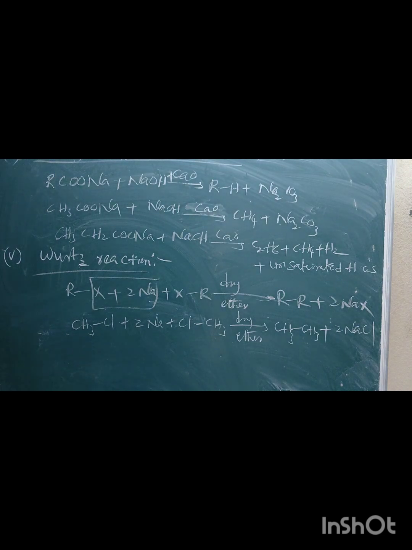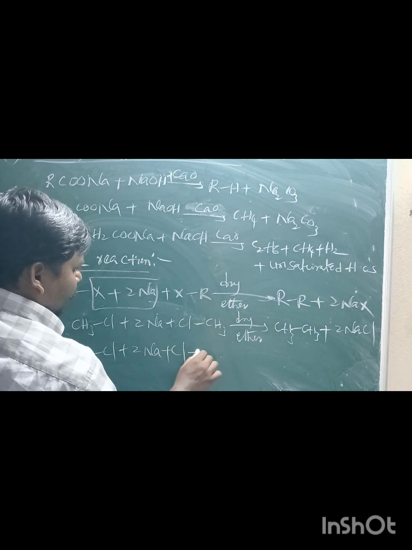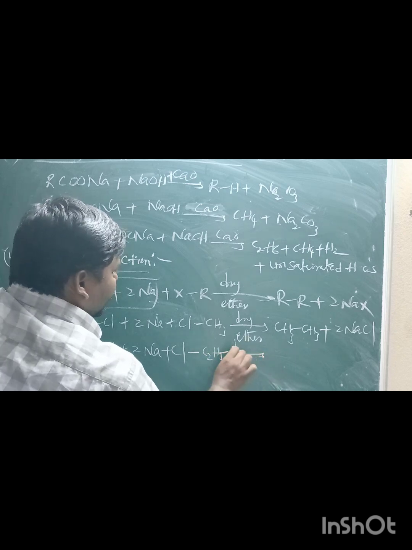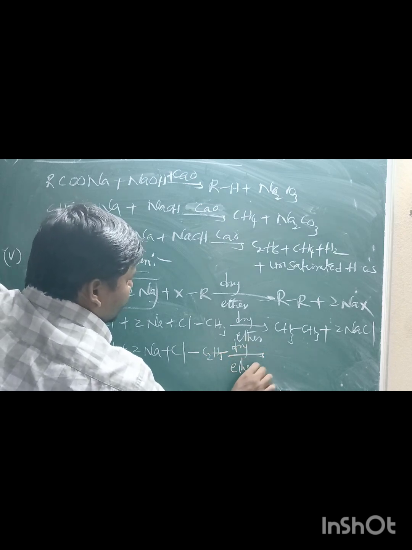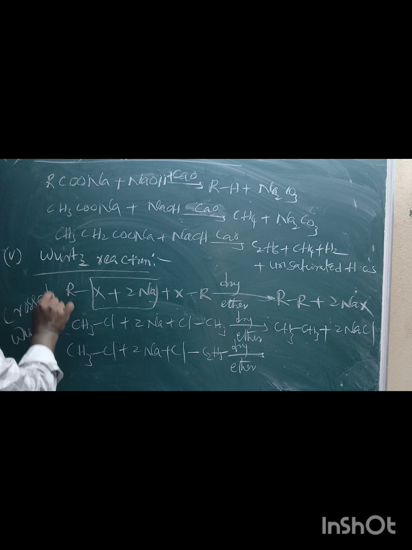In case of different alkyl halides, for example, methyl chloride reacts with sodium metal, and here I am taking ethyl chloride, in the presence of dry ether. Not only a single product, various products are obtained. That is called the crossed Wurtz reaction.